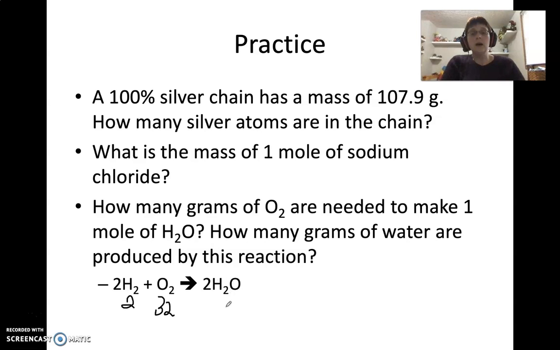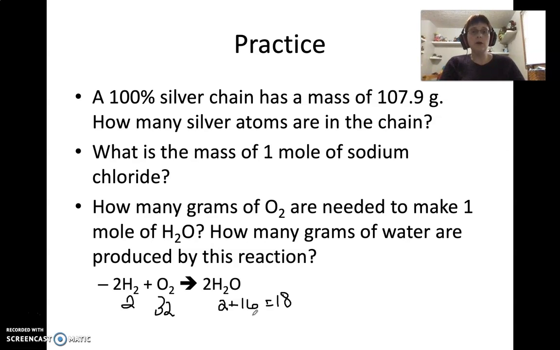And the molar mass of water is 2 plus 16. All right, so 18.